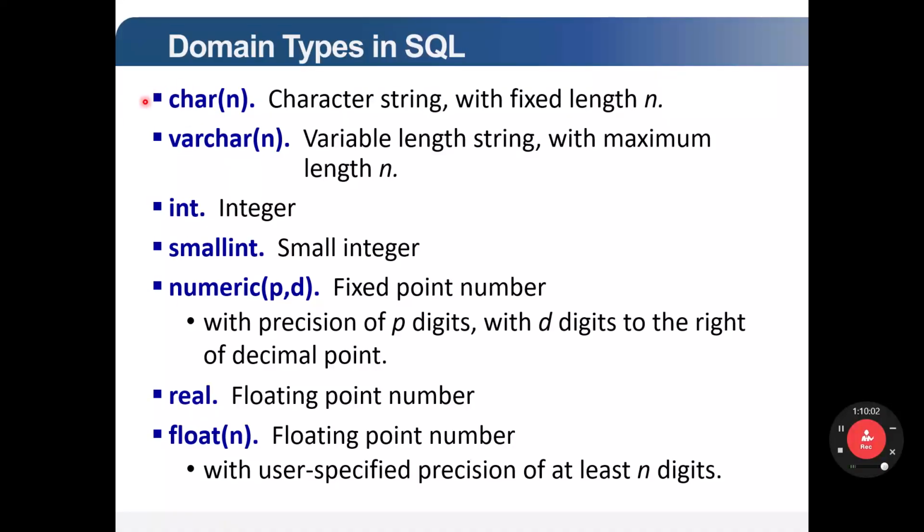These types are the built-in data types supported in SQL. They look very similar to those of high-level programming languages like Python, C. Char is a character type, an array of characters, and it has a fixed length. So when you put the number 10 here, an attribute of this particular type can contain a maximum of 10 characters. And varchar type is a variable length character array.